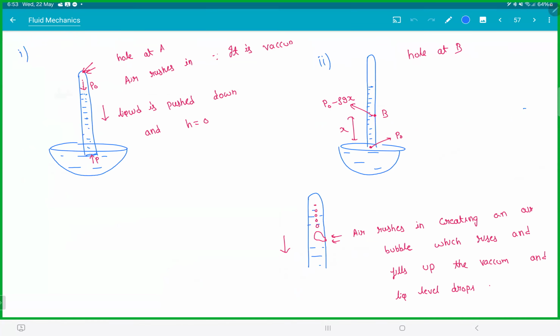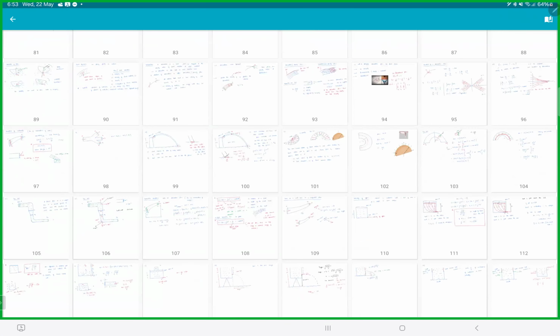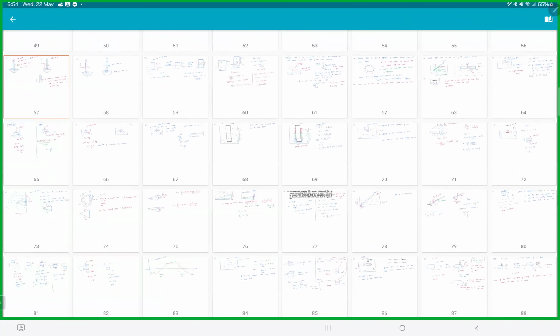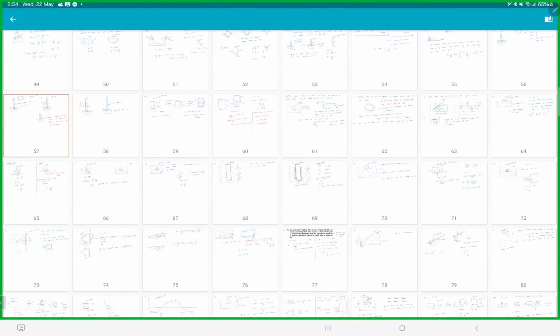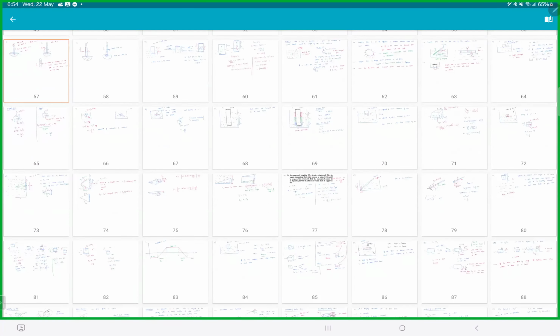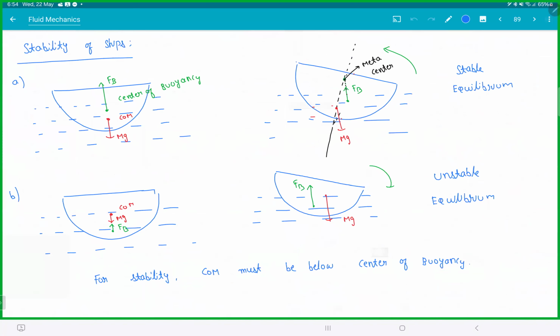We did stability of ships, but I did not teach the concept of stability anywhere. It is basically the stable and unstable equilibrium concept. Remember, the ship has to be heavy at the bottom.